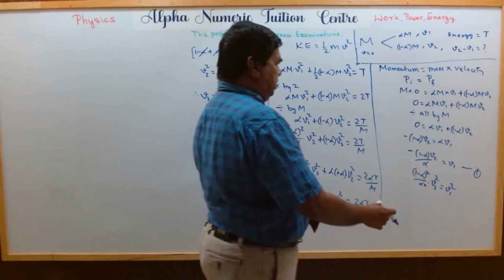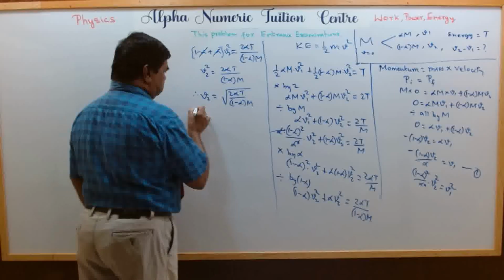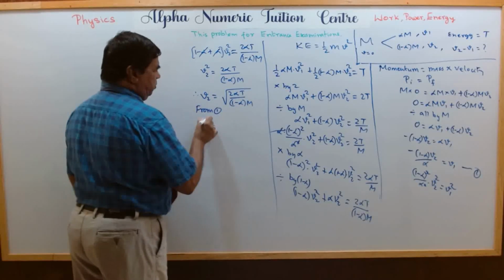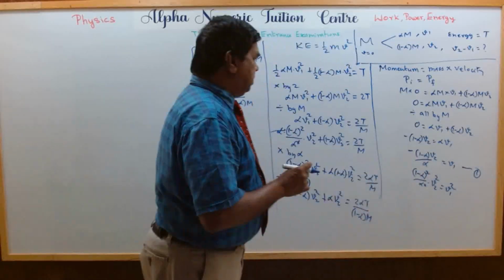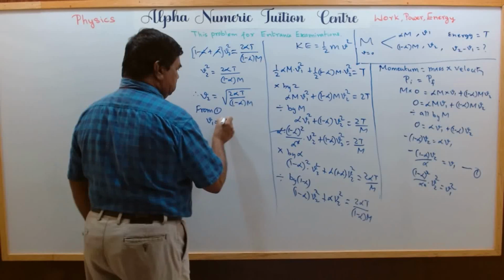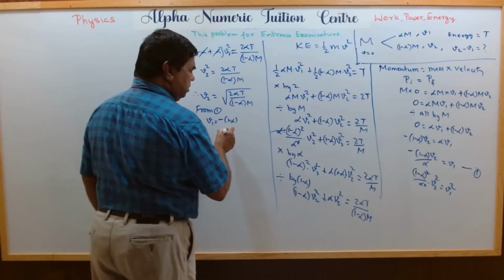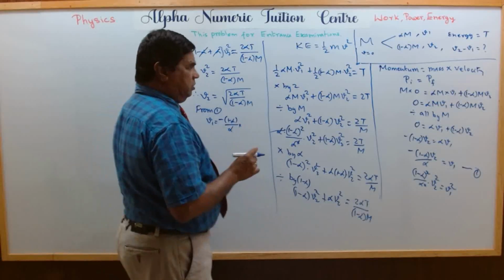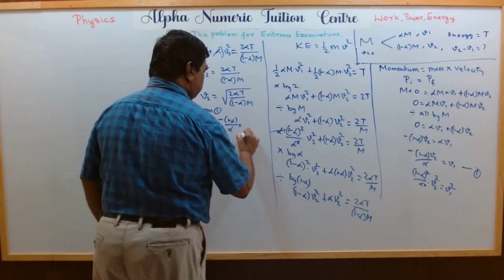Now from equation 1, V1 will be minus of (1 minus alpha) divided by alpha into V2.